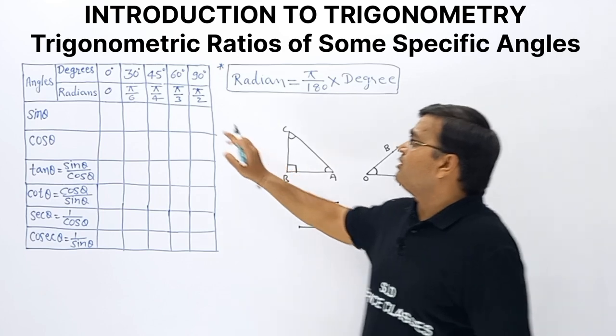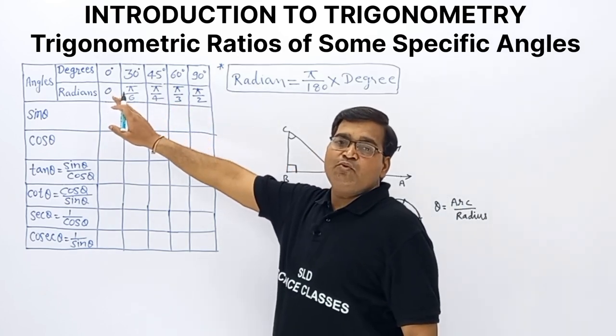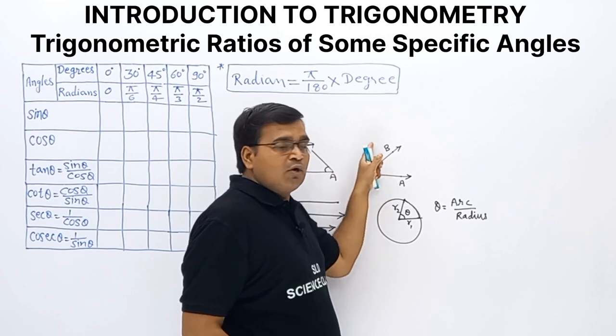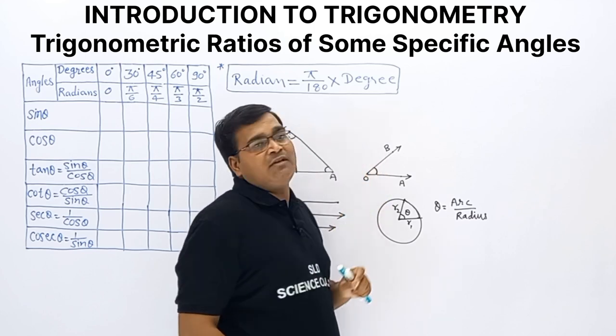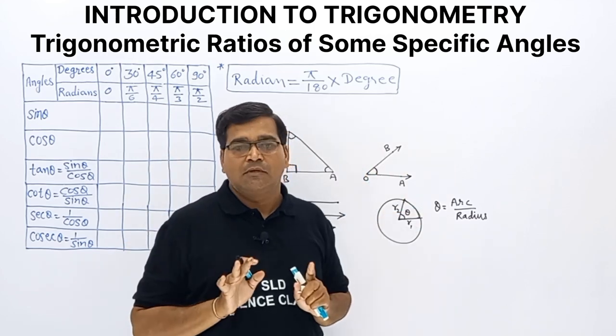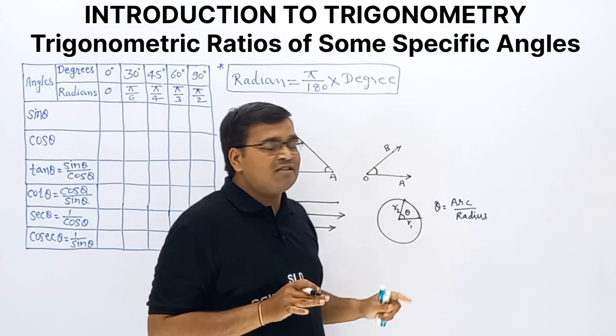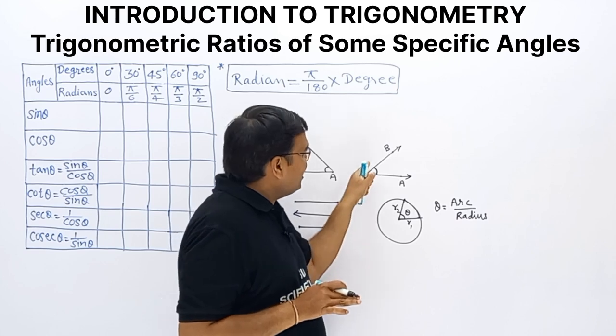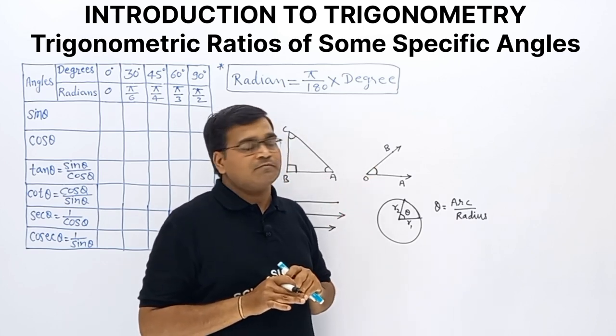So what is an angle? Once we talk about two rays, their endpoint makes an angle. OA and OB are two rays, and both rays' endpoints are there, and they make an angle.